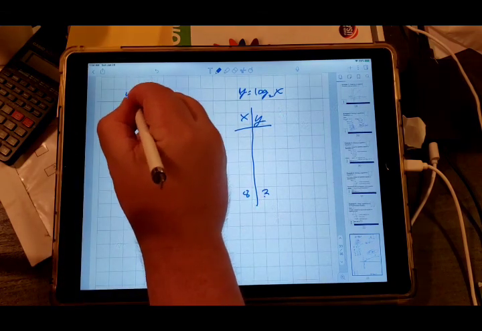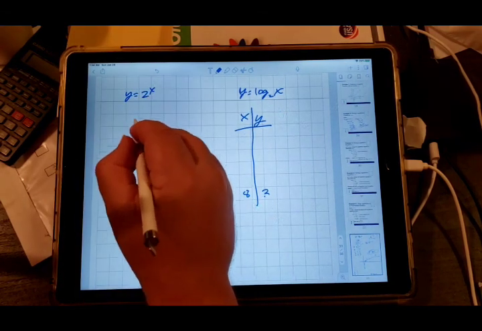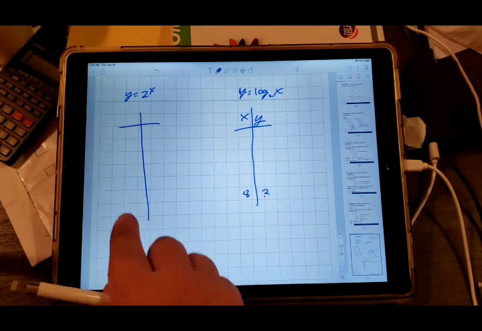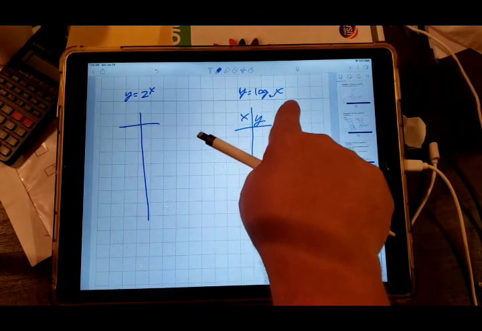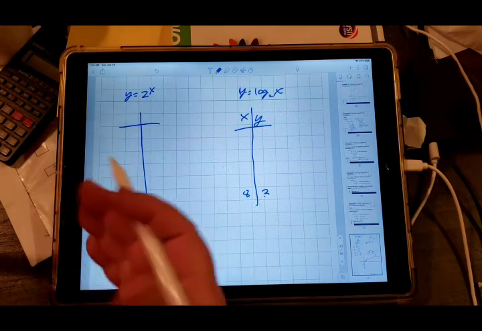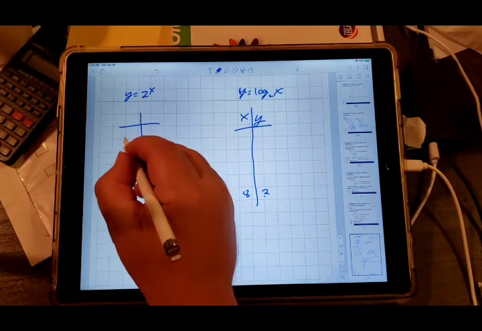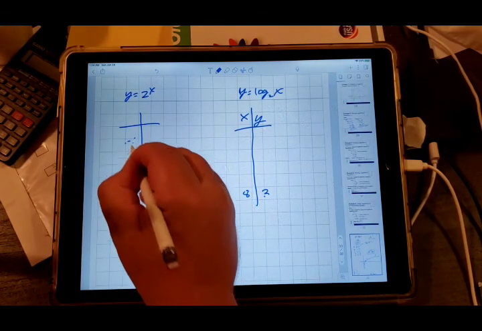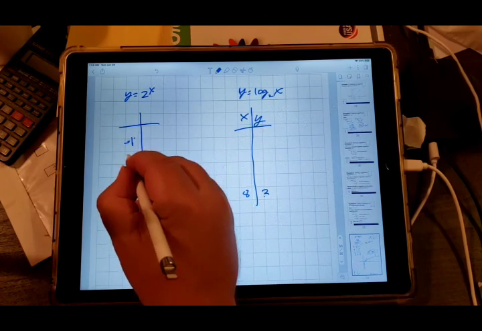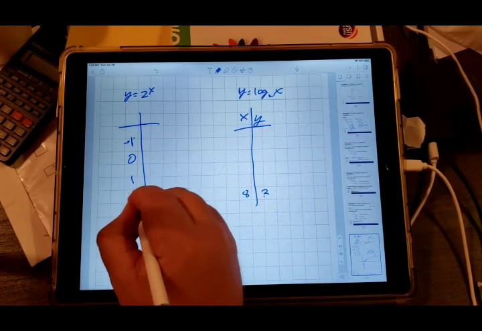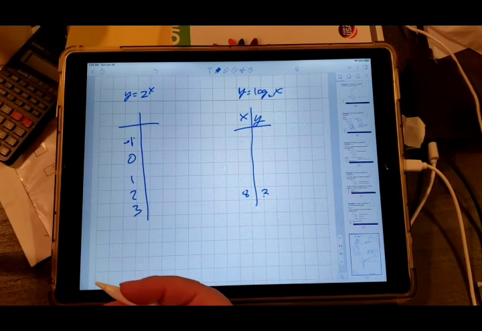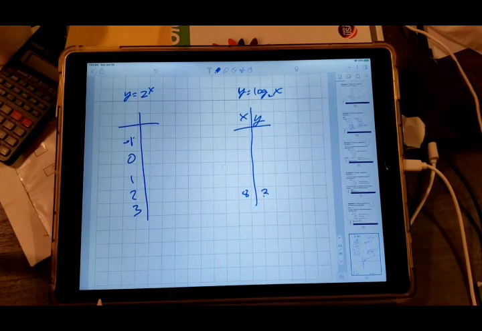Well, you know what? Y equals 2 to the x is related to y equals log base 2 of x. And the amazing thing about this is it's really easy to pick my x values. -1, 0, 1, 2, 3. Very easy to pick values for this one because I can put anything in for x.